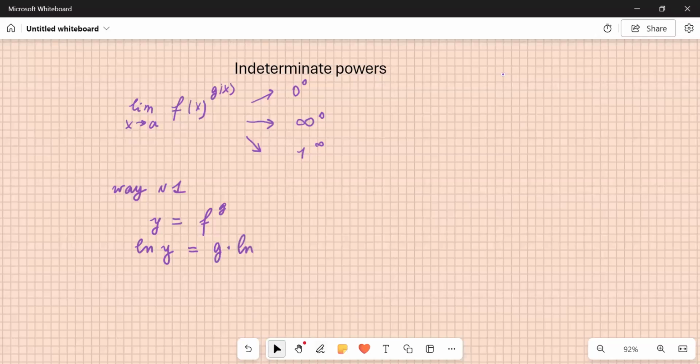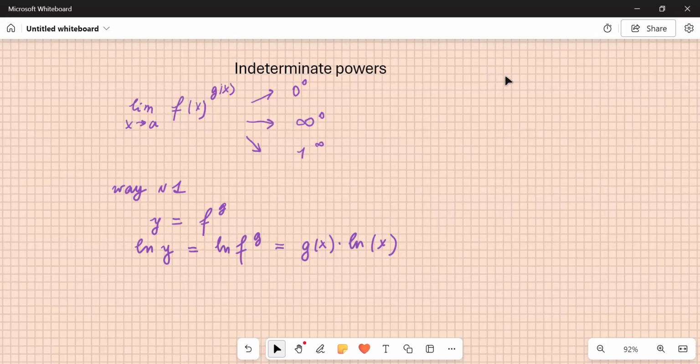So ln of f to the power of g, and we are going to have g of x multiplied by ln of f of x. So basically, if you take ln of y, it's going to turn into a product, and then you use a standard representation of the product as a fraction and use L'Hopital's rule. Okay, so that's way number one.